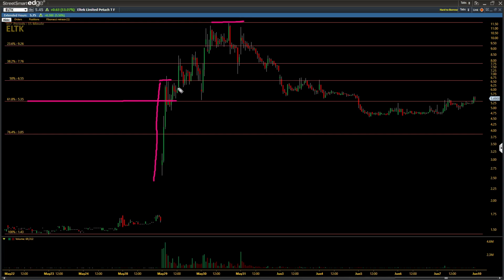Got tighter and tighter, finally surged through that 50% level right here, topped out right here at the 38.2 level, pulled back right to the 50% level right there.